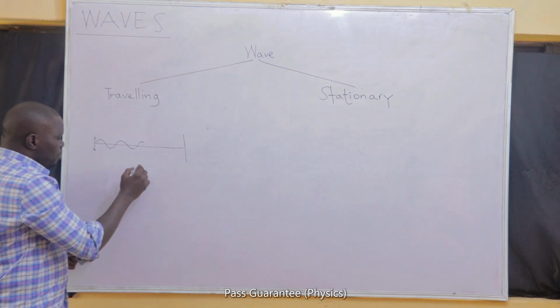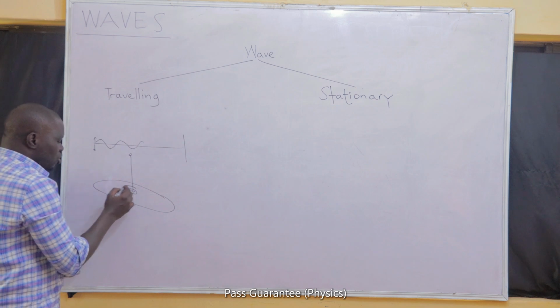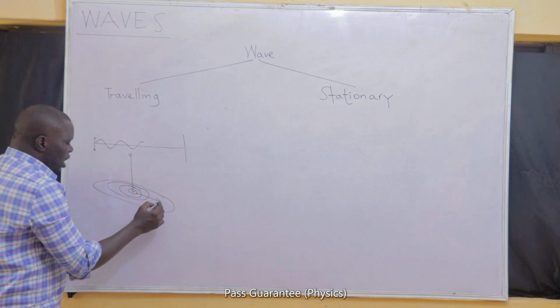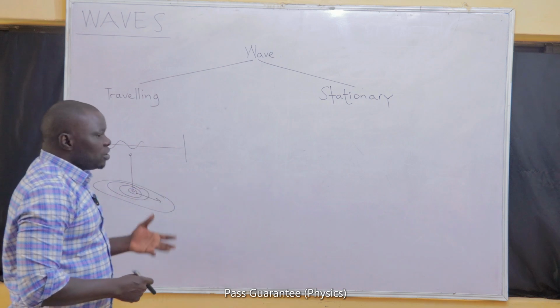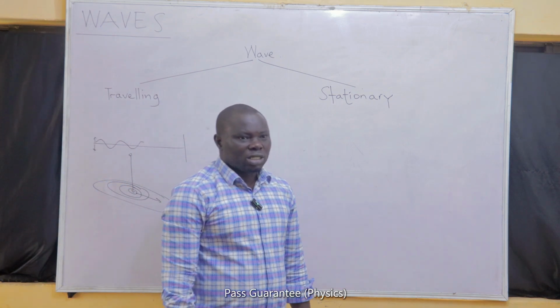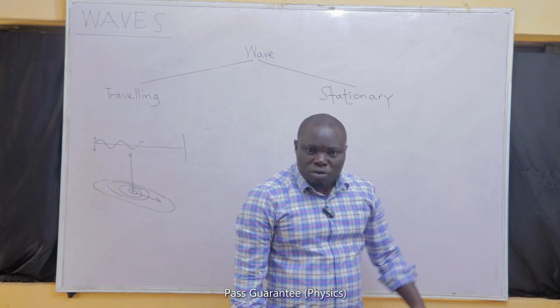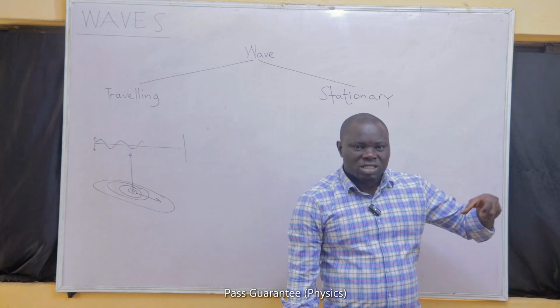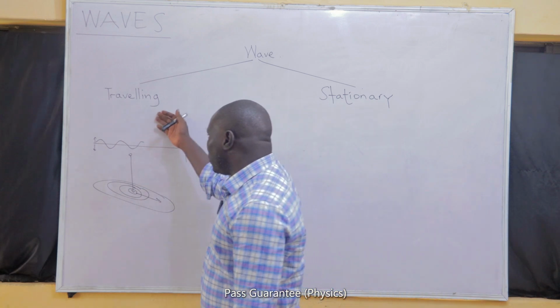If you set up a water wave by throwing a stone on the surface of water, it will gradually radiate and move out to other points of the medium. So traveling waves are waves that continuously spread out from the point of generation. Any wave that continuously spreads out from the point of generation is called a traveling wave.